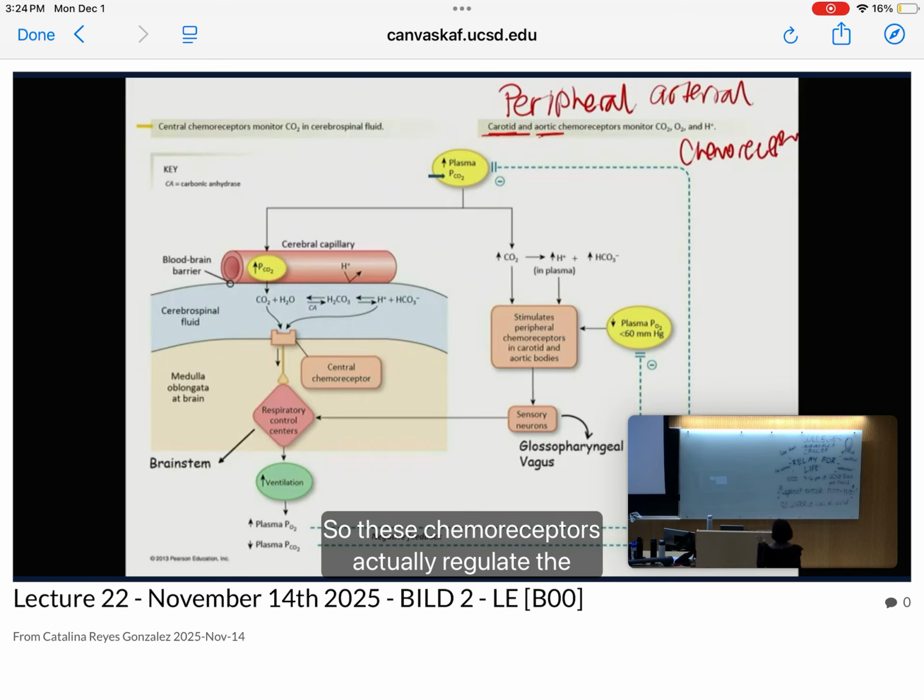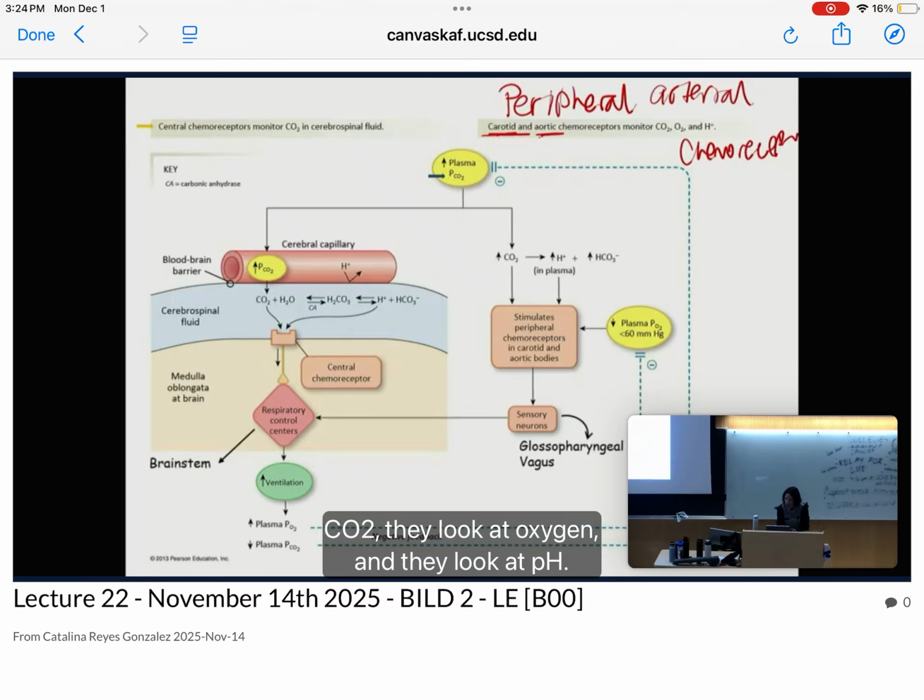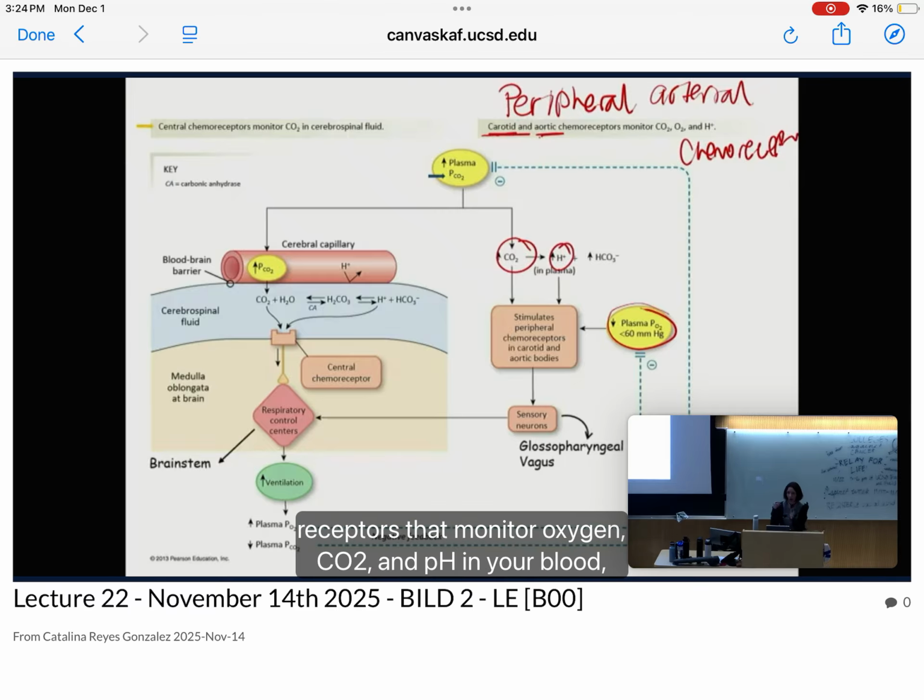So these chemoreceptors actually regulate three physiological variables. They look at CO2, they look at oxygen, and they look at pH. So all three. So peripheral arterial chemoreceptors, which are carotid and aortic bodies, are the receptors that monitor oxygen, CO2, and pH in your blood, okay, in your arterial blood.